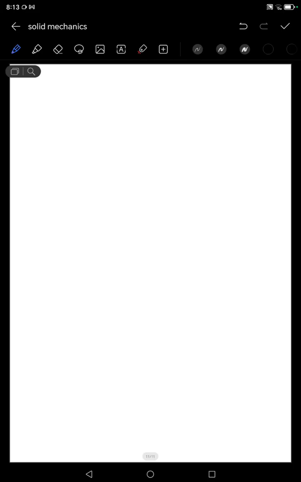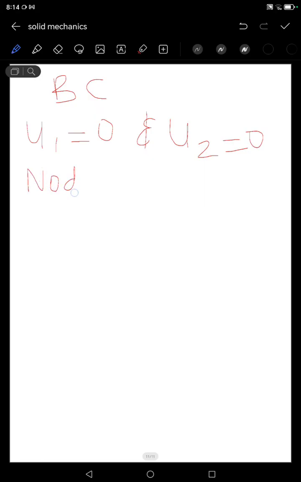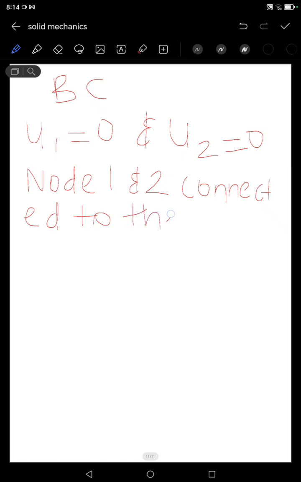So BC is for boundary condition: u1 equals 0 and u2 equals 0 because node 1 and node 2 are connected to the wall. Okay, now we have our boundary condition.